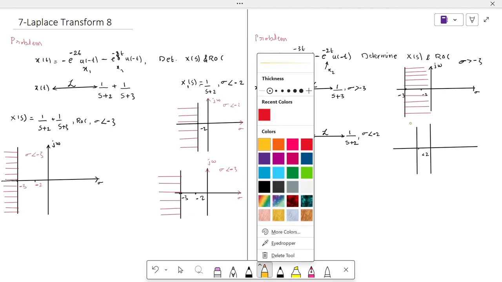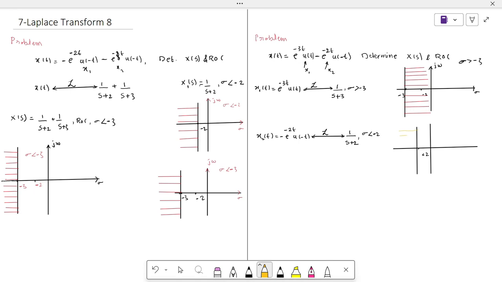We want to take a different color. So what is the common area?